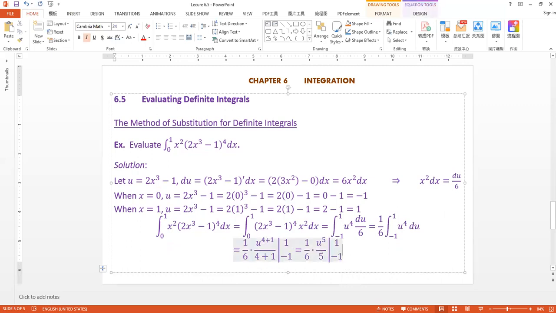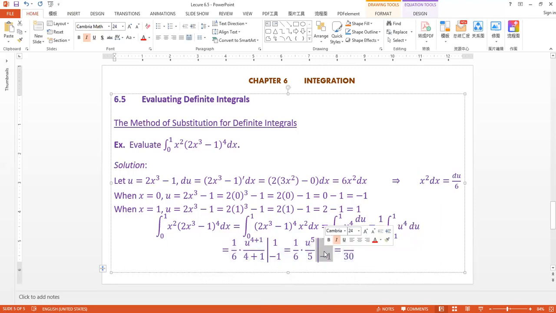Now let's finish the whole thing. 1/6 times u to the 5 over 5: you multiply the denominators, 6 times 5, and you get 1 over 30, with u to the 5 on the top.